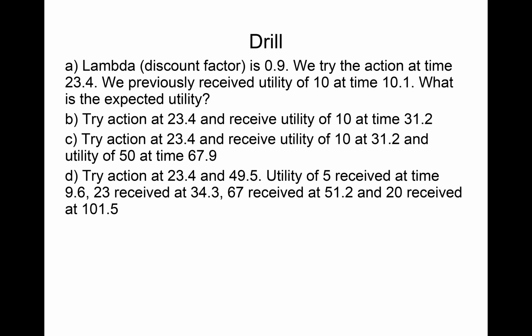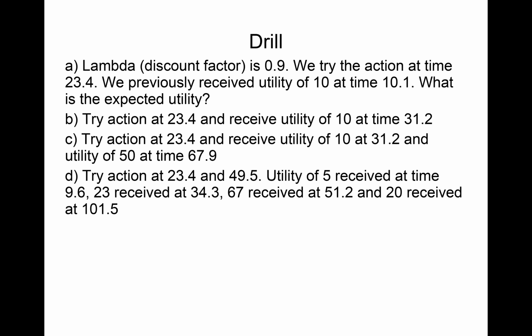Okay, second term. The second trial happened at 49.5. So this one is not going to affect it. The H function will zero it out. This one will also be zeroed out. This one will not. The last two will not. So we've got to put those into the computation.